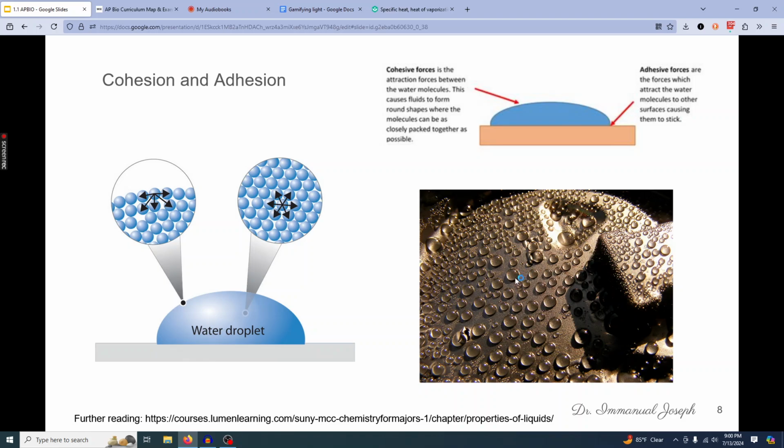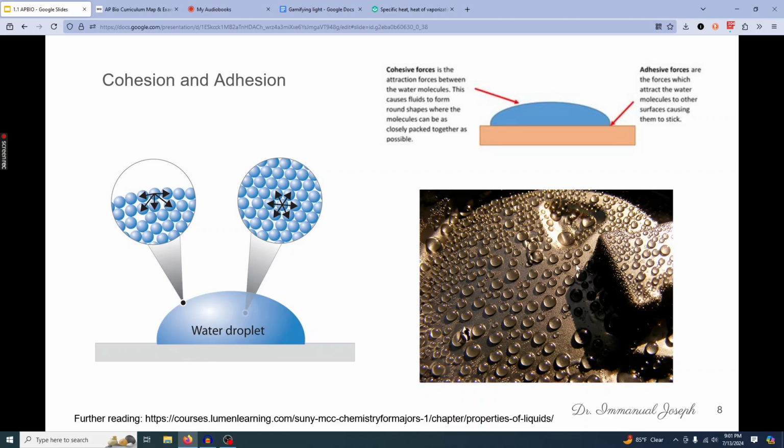For example, if you look at a plant, and we'll take a view of this in a second, one of the fundamental reasons why water is able to transport itself from the roots to the tip of the plant, even if it's a very tall tree, is cohesion, where the water molecules are attracted to each other, but also because of a property called adhesion, which is the ability to stick to other surfaces.